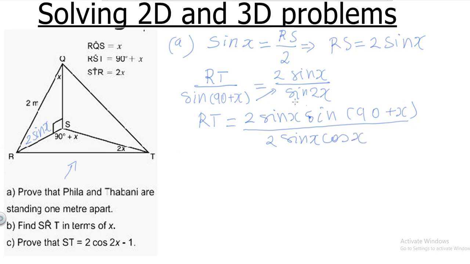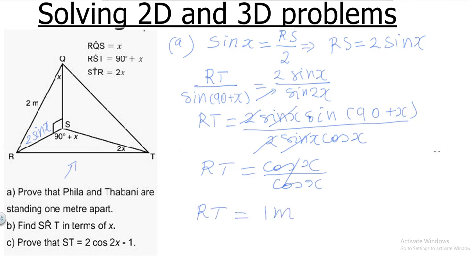Remember, sine of a double angle we can have like this: sine of 2x is 2 sine x cos x. So we cancel. Sine divided by sine is gone. So for RT, in the second quadrant the sine is still positive, so we change this to cos x divided by cos x. So the answer is RT equals 1 meter.